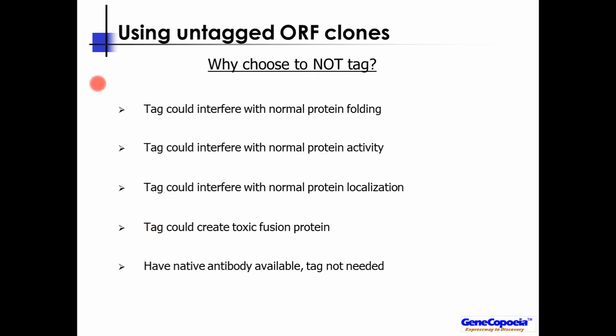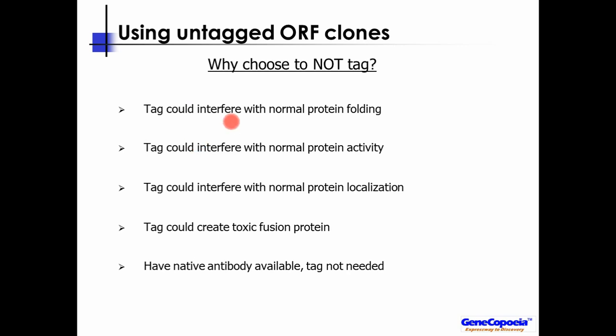What I'm going to start out with, even though I mentioned in the beginning of the seminar that there's going to be a big focus on tag clones, is that we also want to emphasize our ready collection of untagged ORF clones. So why would you choose to not tag? Well, there are a number of good biological reasons. First, the tag could interfere with normal protein folding.